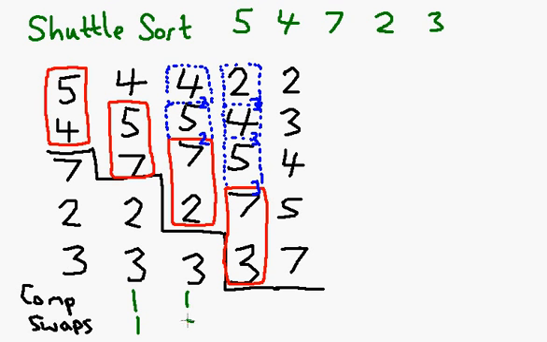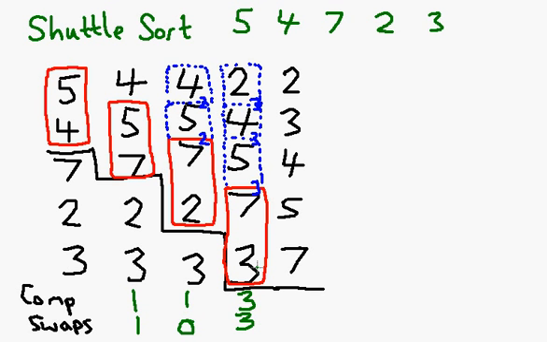The 5 and the 7 were in the correct order, so there were no swaps. In the third pass, however, we compared the 7 with the 2, then we compared the 2 with the 5, and then the 2 with the 4, so we made 3 comparisons. And we swapped the 2 with the 7, the 2 with the 5, and the 2 with the 4. So we made 3 swaps.